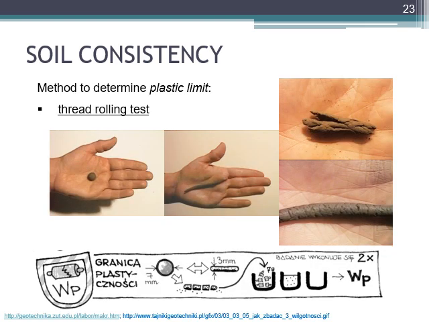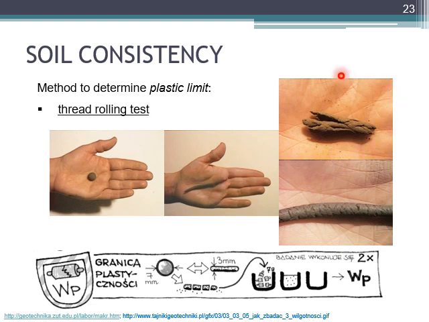No matter what standard you're using, the plastic limit is usually determined by the thread rolling method. So during this test, of course, we are preparing a ball from the soil sample, and then we are forming a thread. Just the details of the methods are different depending on the standard.